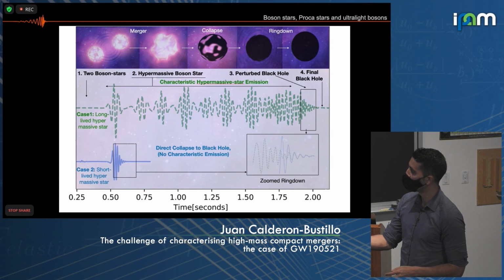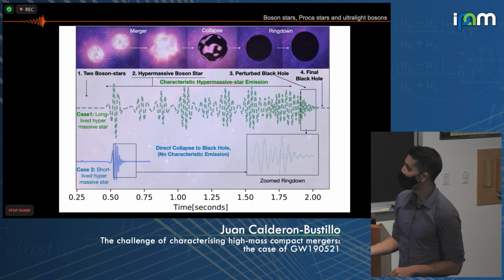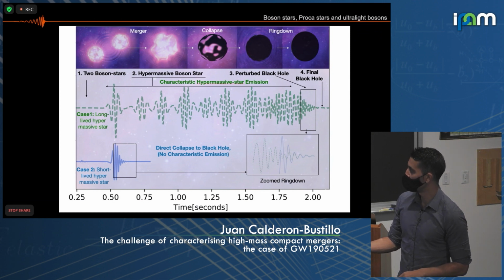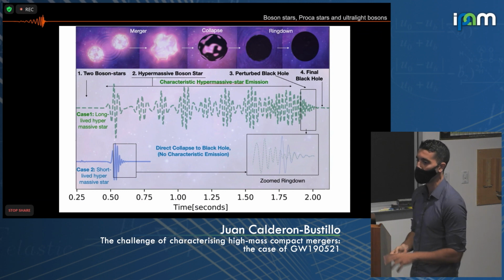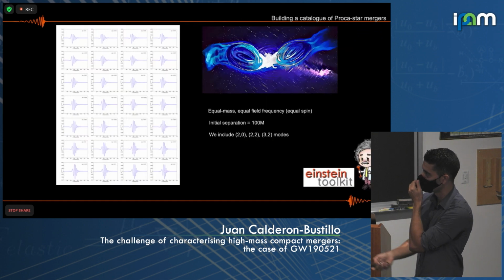So it will emit these types of pulses before it implodes and collapses and rings down. In our case, of course, since we want to reproduce 190521, we will be attaching to the case in which the final star is quite compact and it collapses almost automatically.